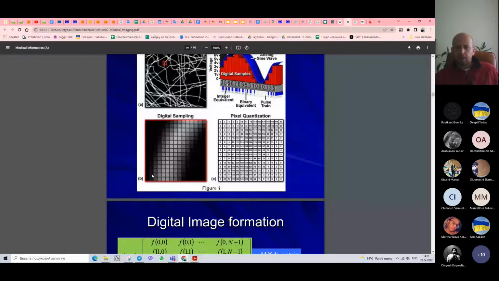You can see digital sampling and pixel quantization. Each pixel has a different value, which means a different color code is present there, and in this way you get images.